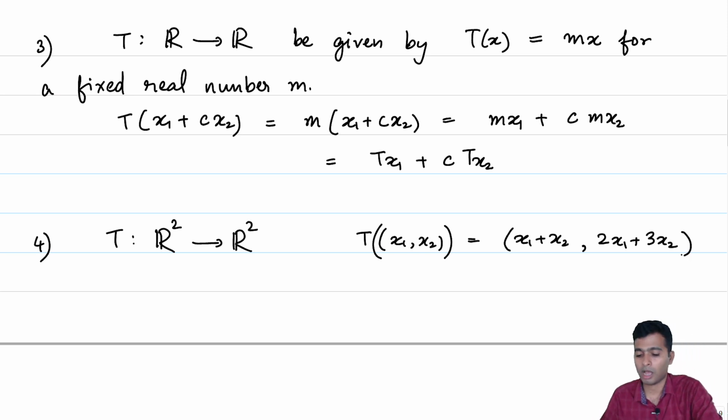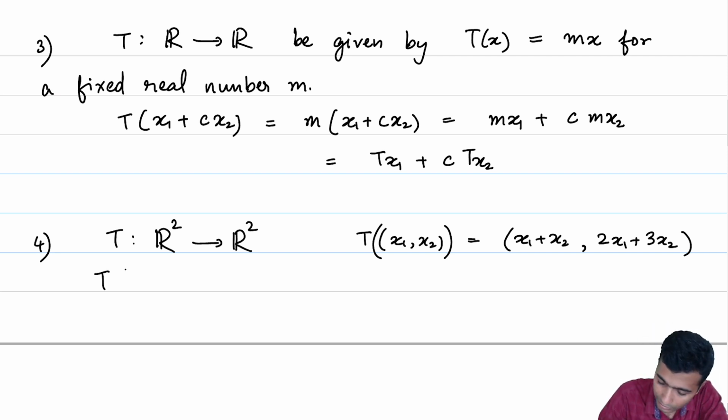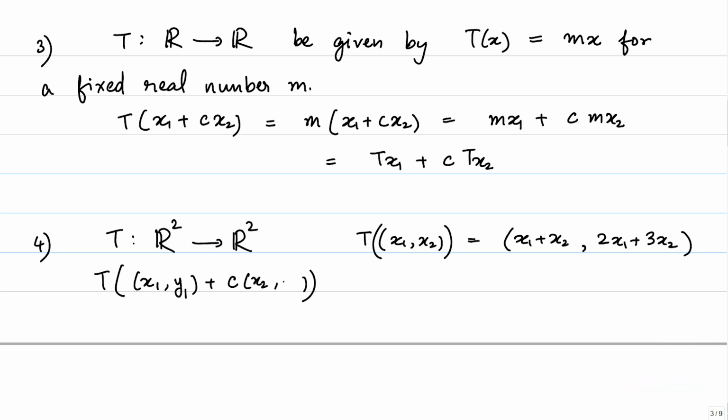This is a map from R2 to itself. So one can quickly check. So maybe I should do the check at least in the initial stages. Let's see, x1 x2 plus say c times x1 y1 and x2 y2. So maybe here as well, let me change it, so it was x plus y, 2x plus 3y.